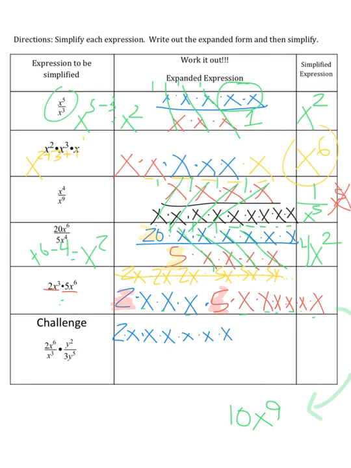So we should have 6 x's over x cubed, which is x times x times x. And for our second term, we have y squared over 3y to the 5th. So we'll have times, and then y squared is y times y over 3 times, and we should have 5 y's. So we'll try to squeeze in those 5 y's.